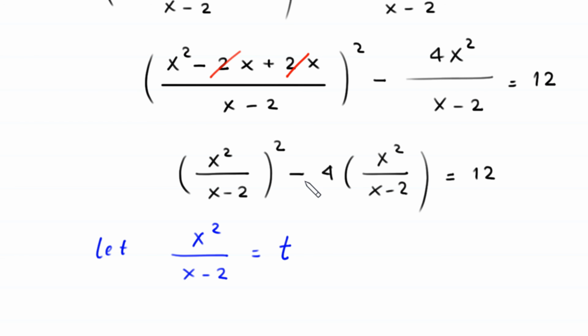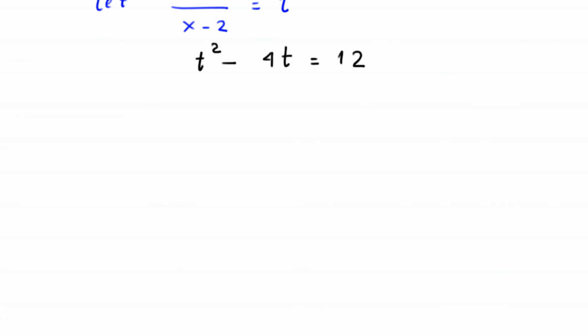So this equation will become t² - 4t equal to 12. Move this 12 to the left hand side, then this will become t² - 4t - 12 equal to 0.